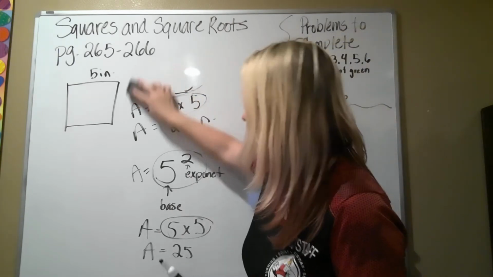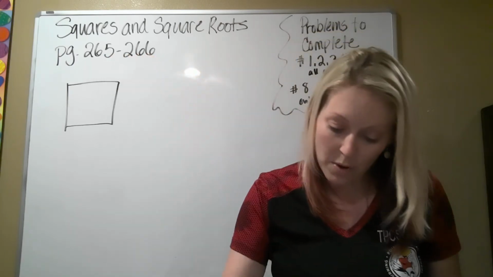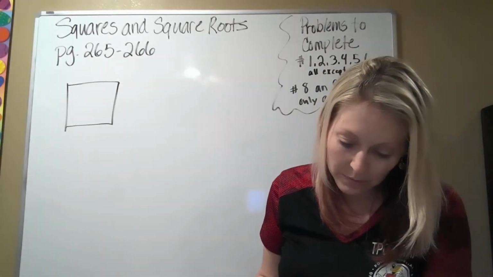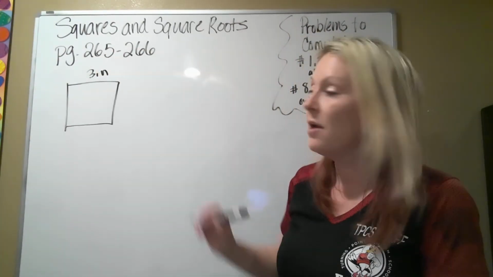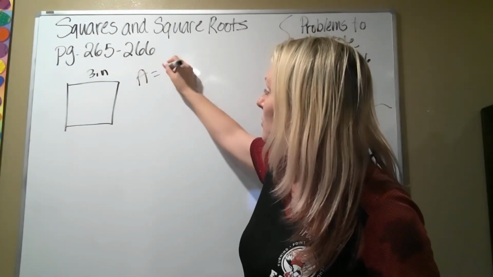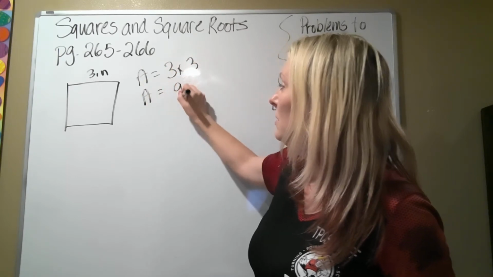Let me show you again, okay? So if I have a square that is 3 inches, then I would know A equals 3 times 3. Area equals 9.